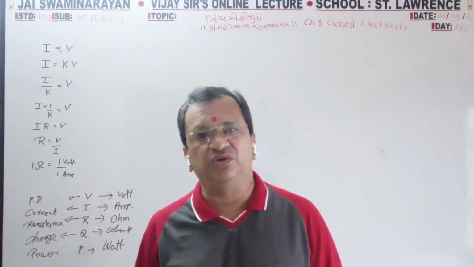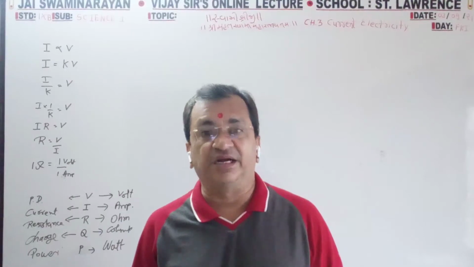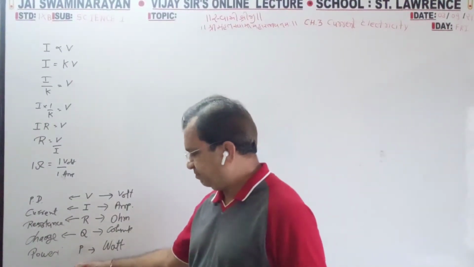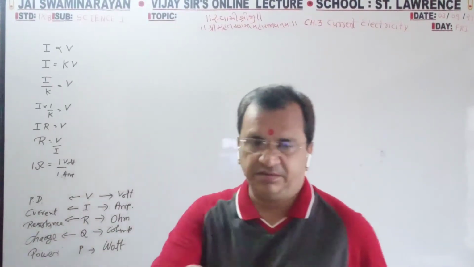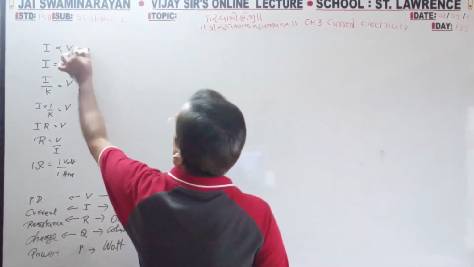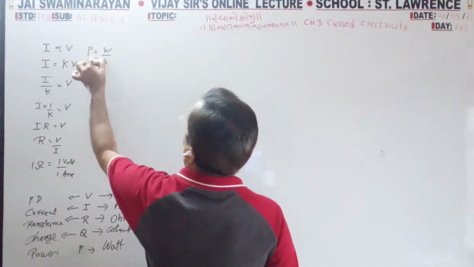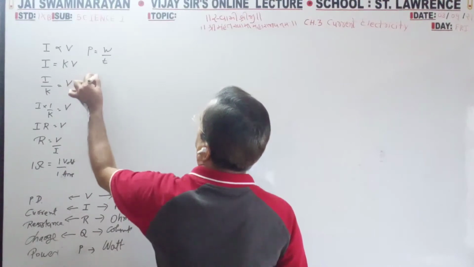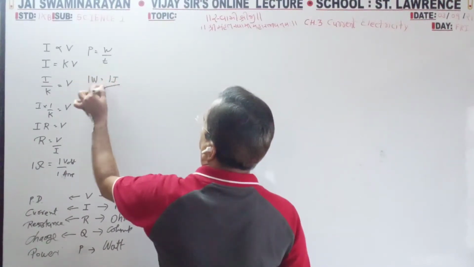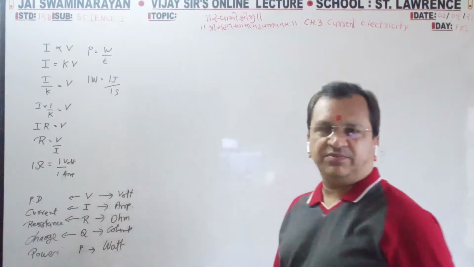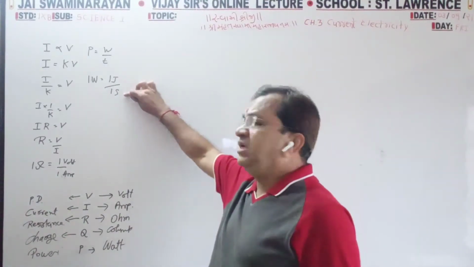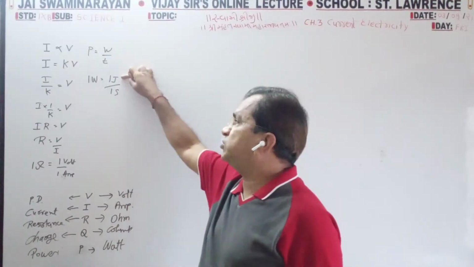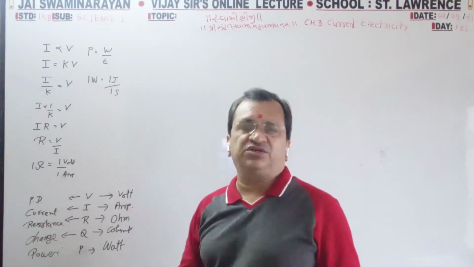Power is equal to 1 joule by 1 second, that is 1 watt. So power is said to be 1 watt when 1 joule of work is done in 1 second.